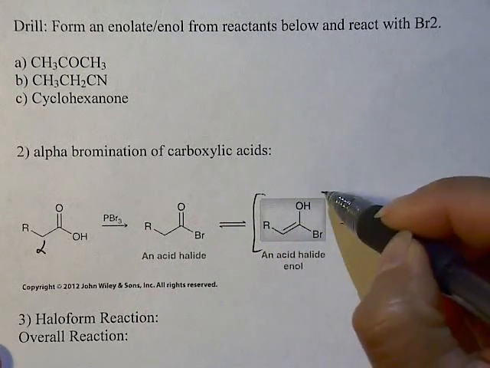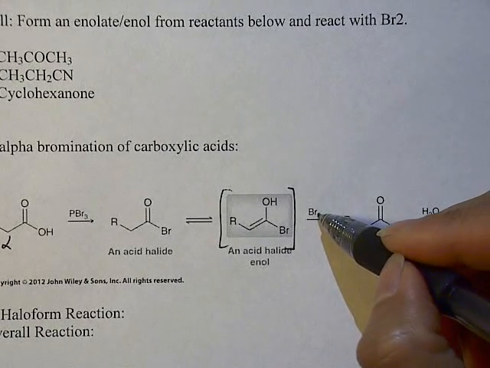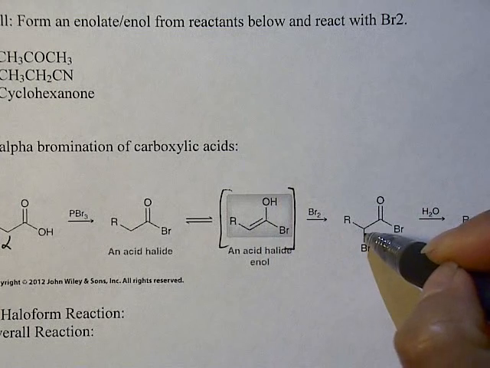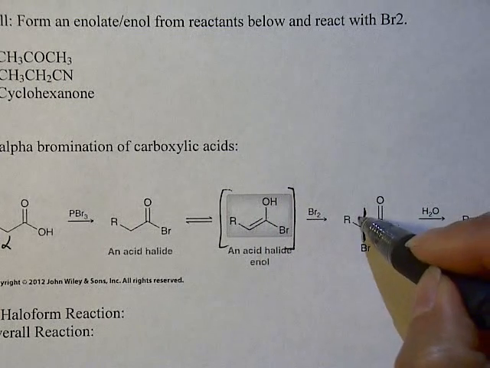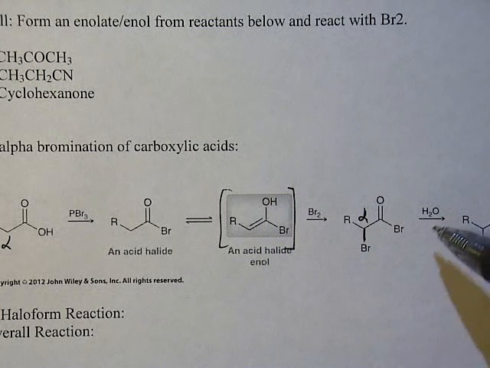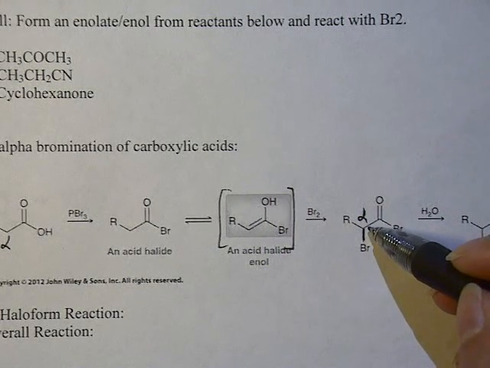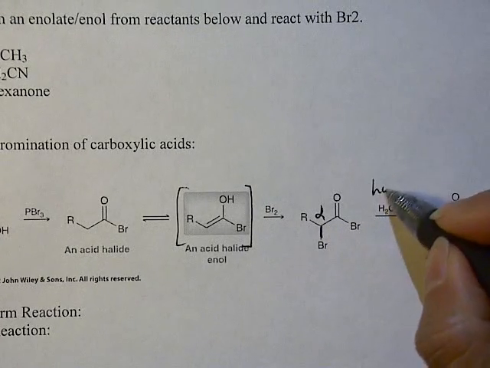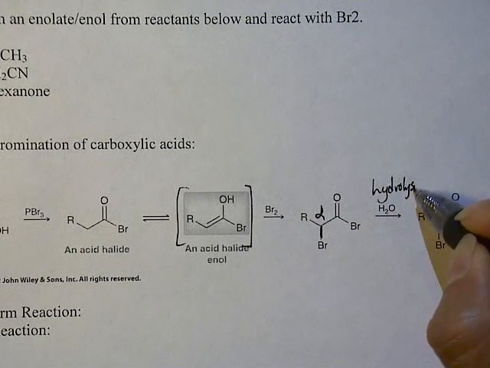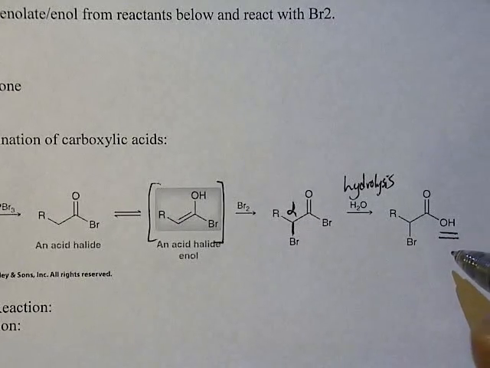And this intermediate then reacts with Br2, just like you've seen before, and forms a halogen at the alpha carbon, just like you've seen before. And this acid halide that has been substituted at the alpha carbon is not a very stable compound, so when you do a hydrolysis at the end, this acid bromide basically goes back to the carboxylic acid.